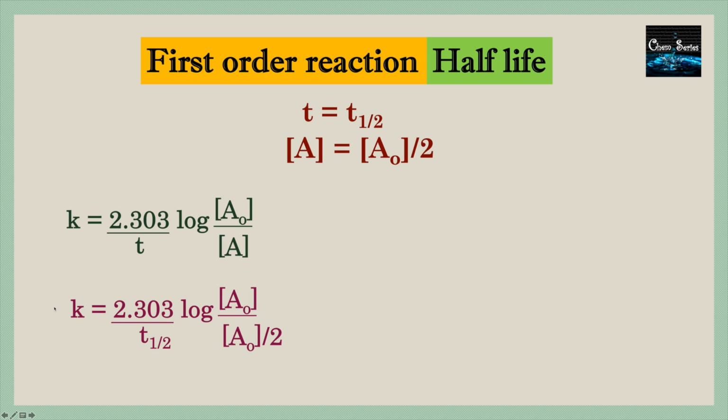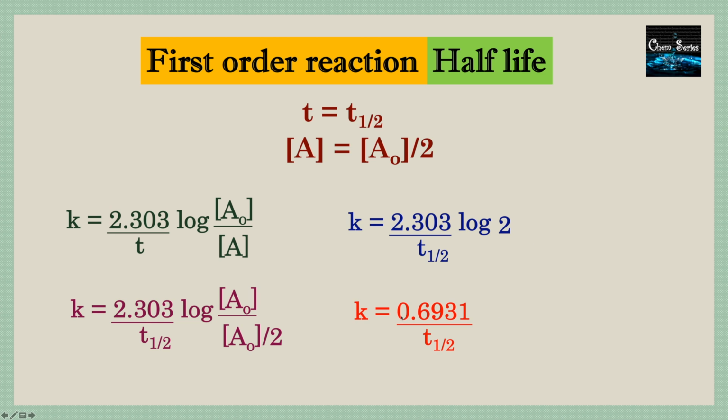When you evaluate this, you get K is equal to 2.303 divided by T half log 2, that is 0.6931 divided by T half. So your T half is equal to 0.6931 by K. This is how you derive the half-life for a first order reaction. We have already solved this in our first order reaction video.